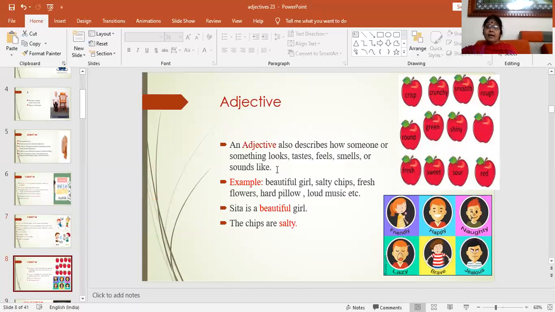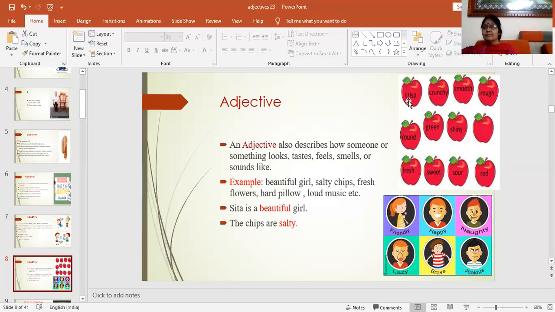Then we also know that not only do they tell us the number, the size, the color, but adjectives also describe how someone or something looks, tastes, feels, smells, or sounds like. For example, look at this apple.